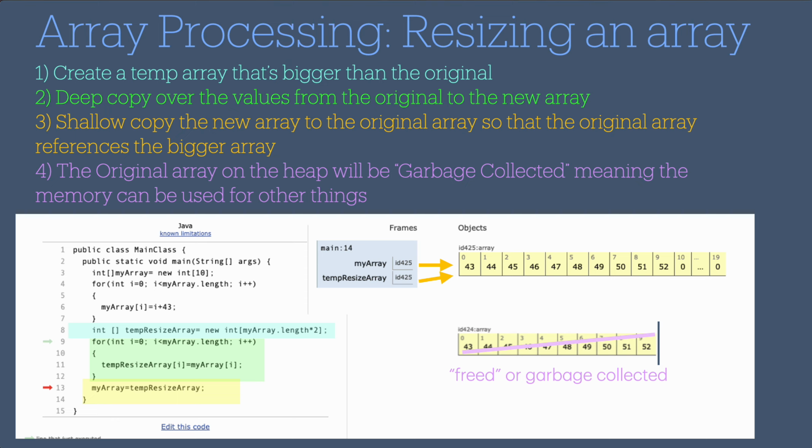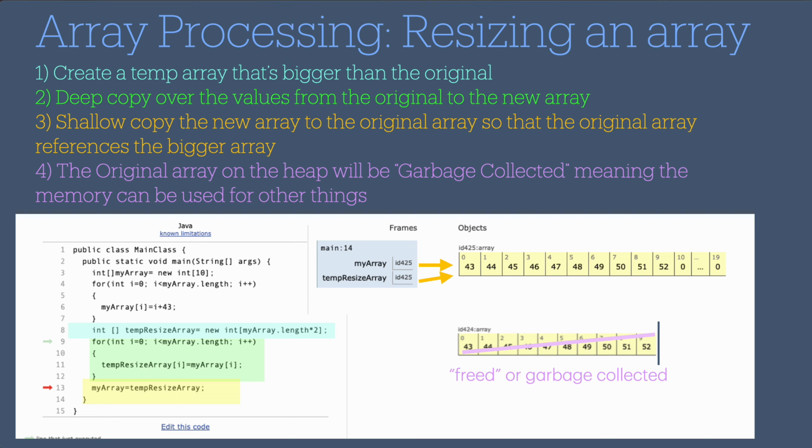And so we can use my array now and say my array of index 10 equals 500, and we won't get the error. What happened? So sometimes some of you might be wondering, well, what happened to that original array, right? Nothing is referencing it anymore. And what happens is in Java, if nothing is referencing an object on the heap, it'll be freed or garbage collected, meaning it's free memory now and can be used by other programs or other variables in your program that ask for heap memory.